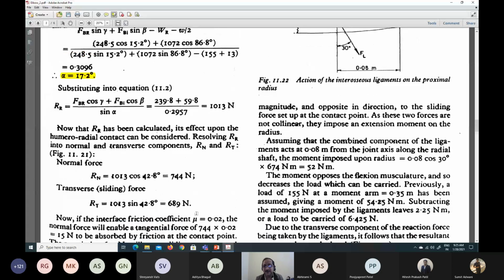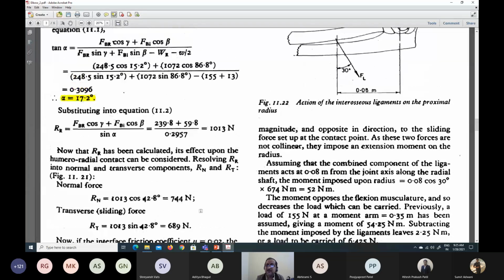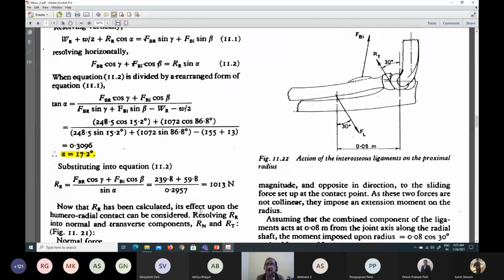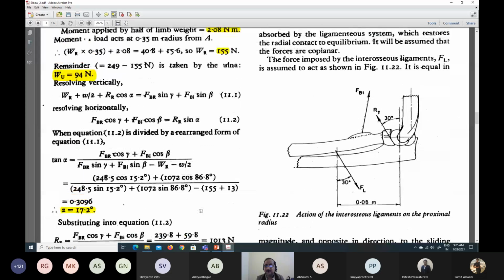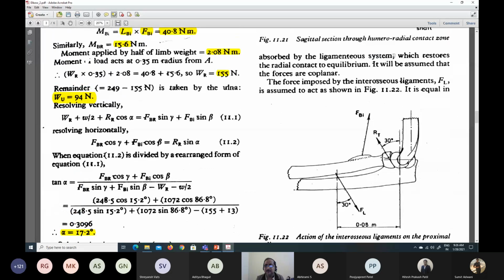Okay, there is a ligament to hold or resist this force and keep the radial head in position, articulating in the capitulum. Okay, so this is being taken up by the ligamentous system, which restores the radial contact to equilibrium.